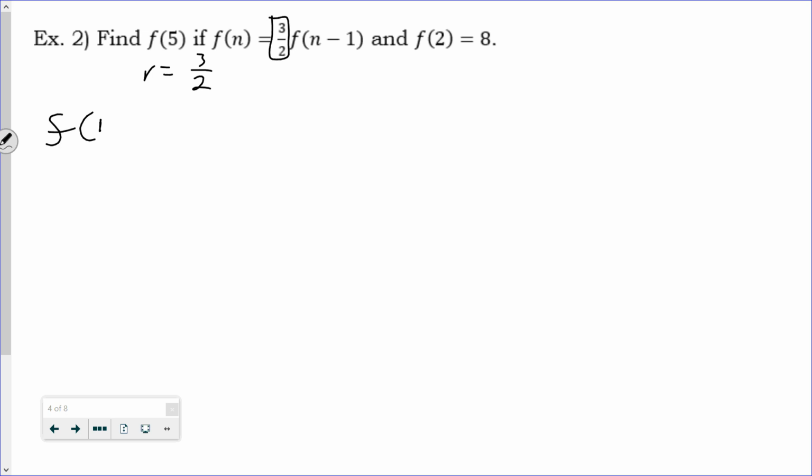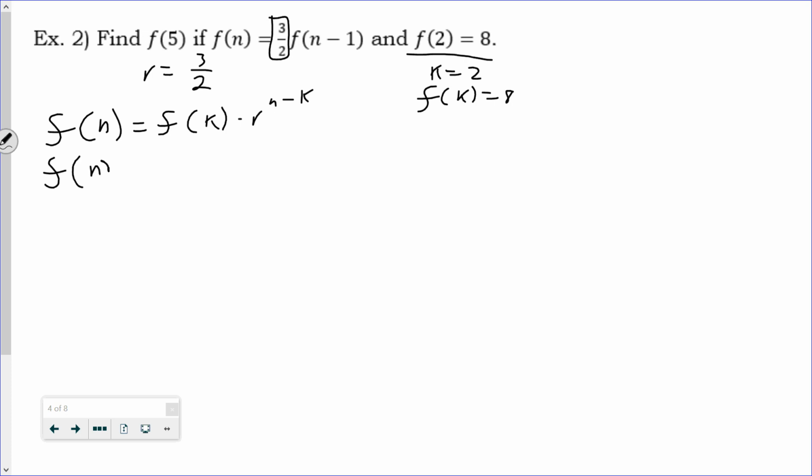You could say f of n equals f of k times r to the n minus k. I know here that when k is 2, f of k is 8. So I could plug that in and say f of n equals f of 2, which is 8, times r, which is 3 over 2, raised to the n minus 2.